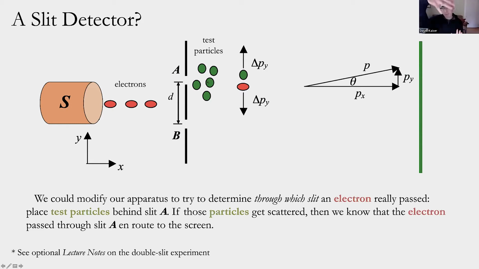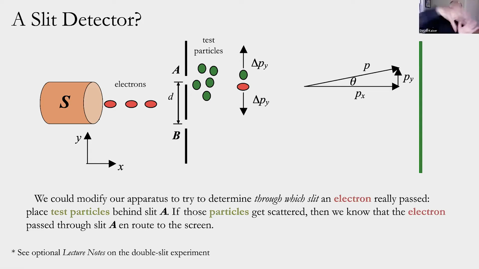If the distribution were too big, then we could see that test particles were scattered, but they would no longer tell us whether the particle had gone through slit A or slit B. We would lose the resolution in space if the bundle of particles was too far spread out in the y direction.